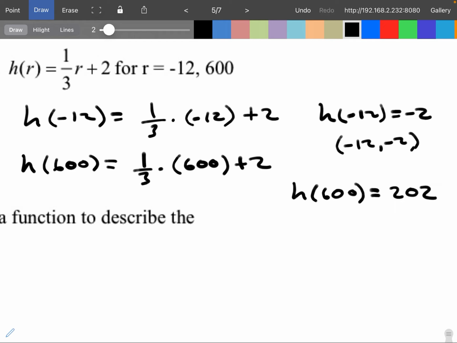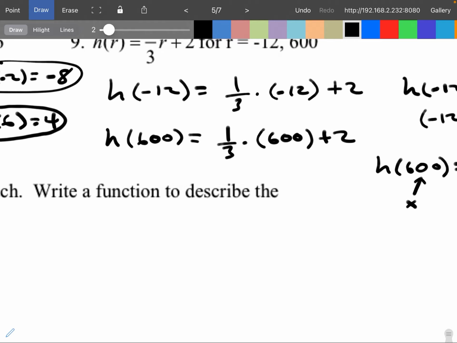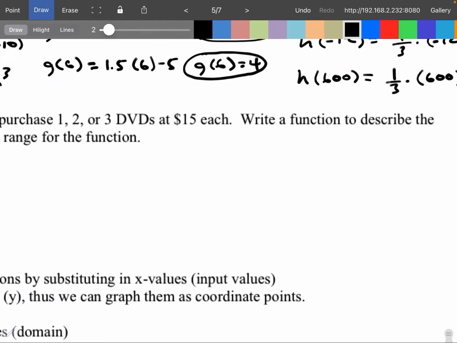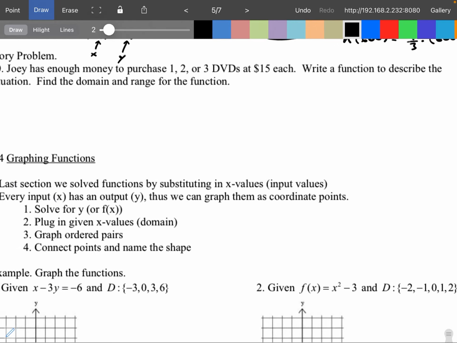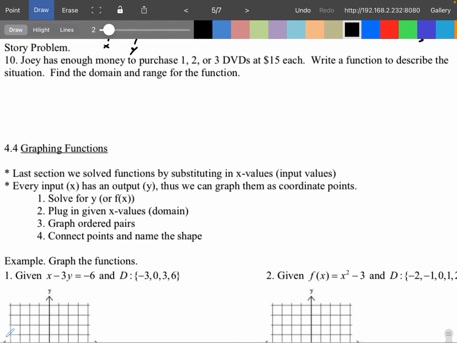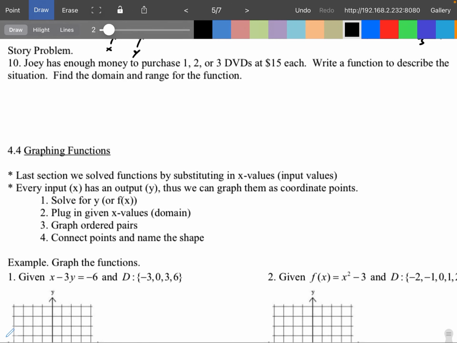Yeah, 1/3 of 600, that's 200. 200 plus 2 would be 202. So you would write h of 600 equals 202. And again, just so you guys got it, this is your x, that's your y. So 600 is your input, 202 is your output.